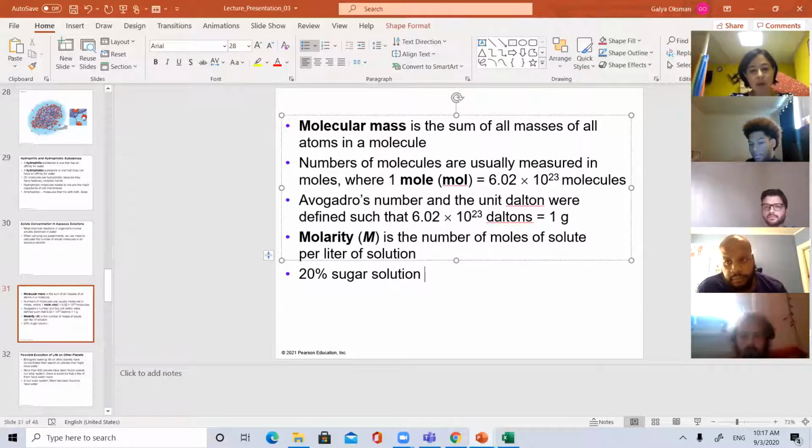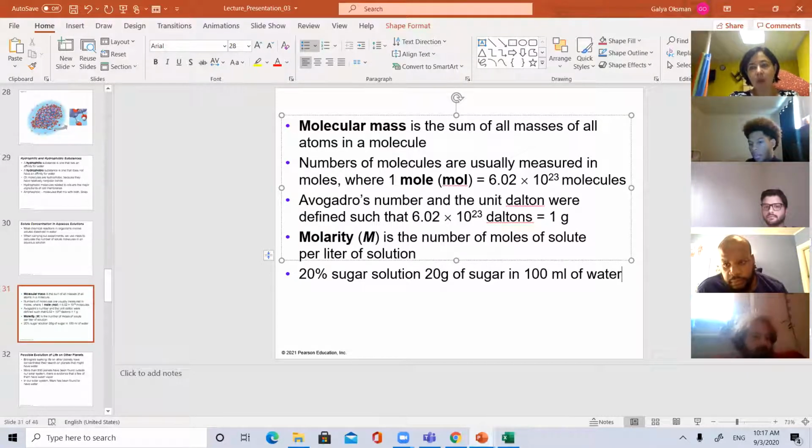A 20% sugar solution is 20 grams of sugar in 100 milliliters of water, right? So this is concentration. Molarity is about how many molecules of a particular substance you have in solution. Because the number of molecules is something crazy, to make a shortcut, you say mole. Okay, a mole is this amount of molecules, right?